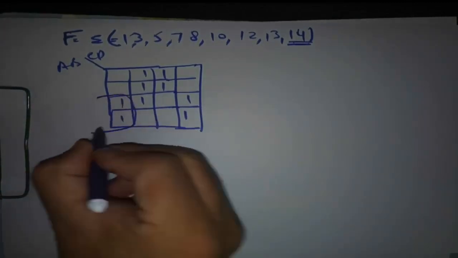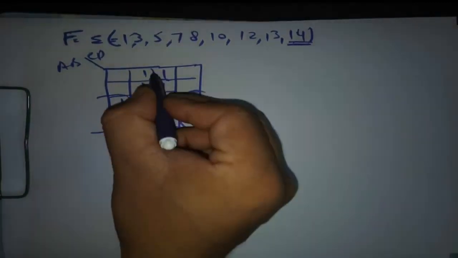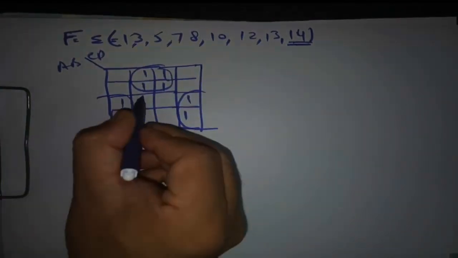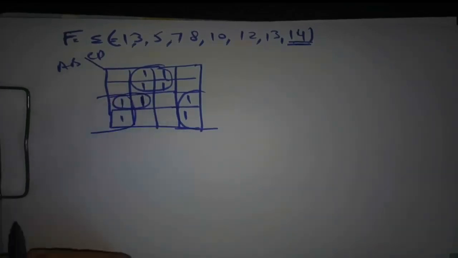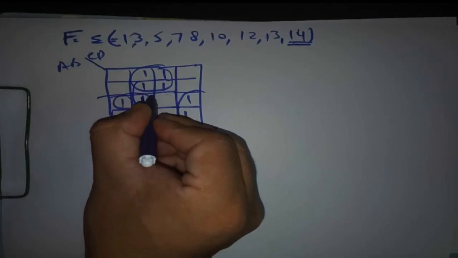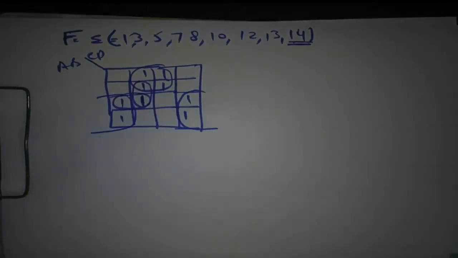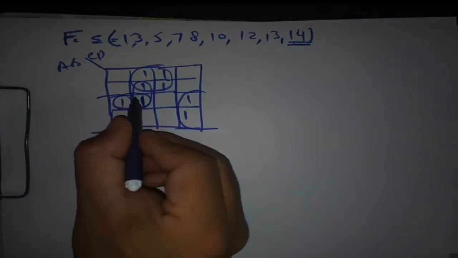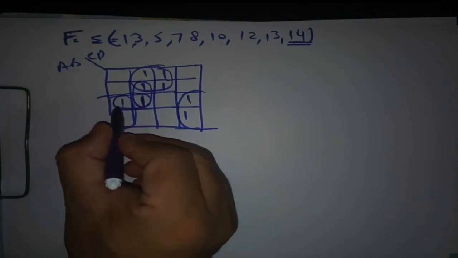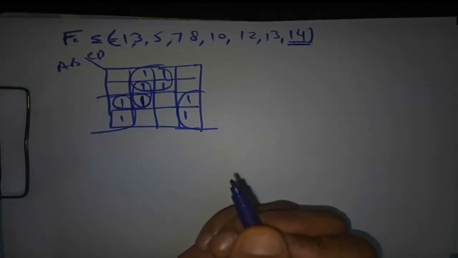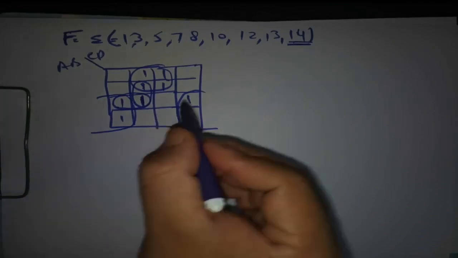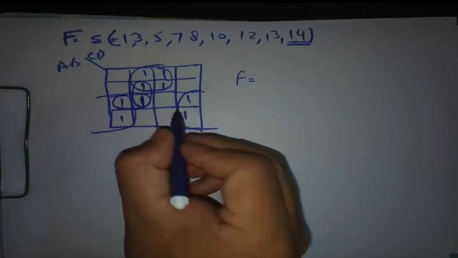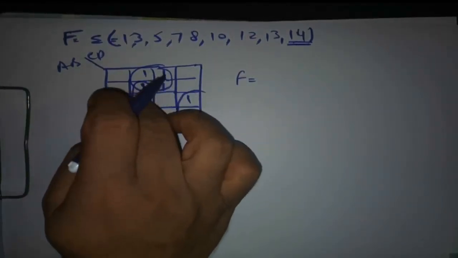The grouping of that particular K-map will be like this, and this one can be grouped with this one, and this one can be grouped with this one. That means this one can be associated with that particular one and can be associated with that particular one. That means the total prime implicants will be 1, 2, 3, 4, and 5.